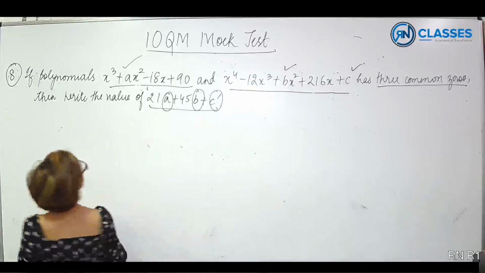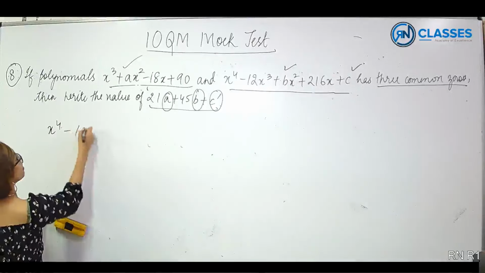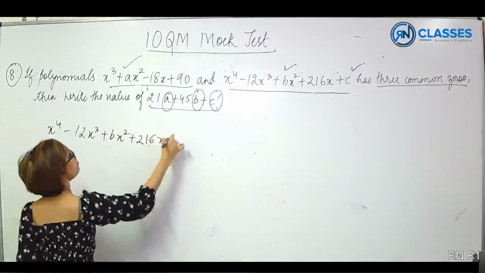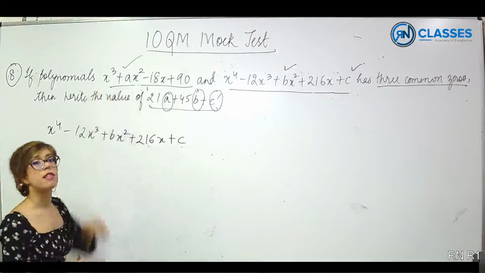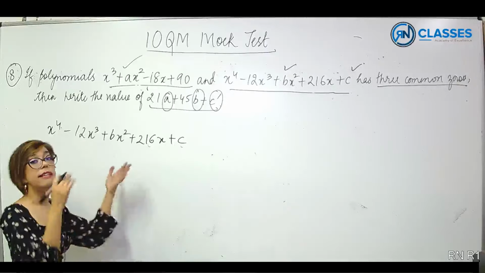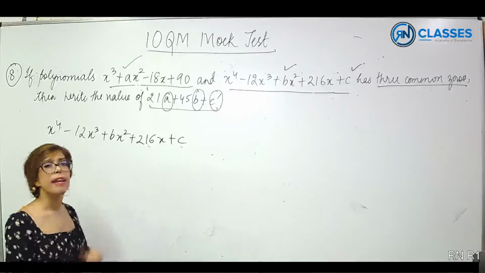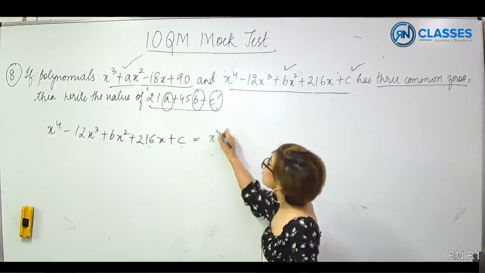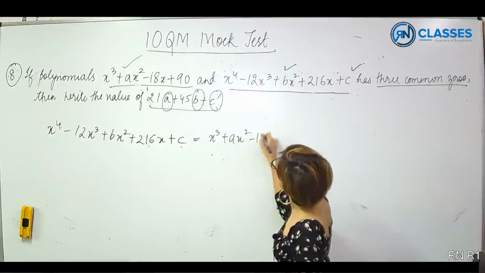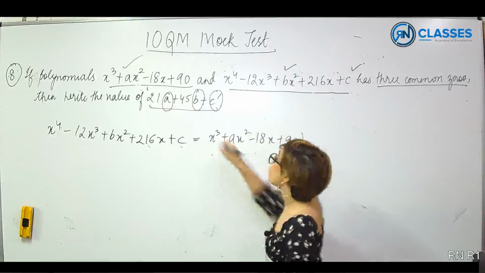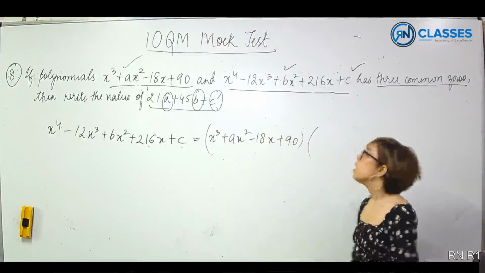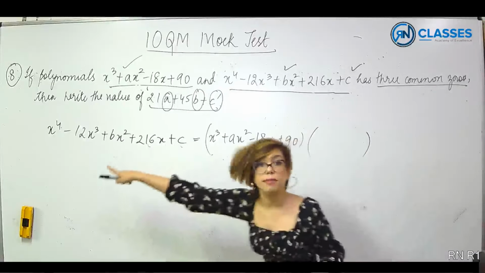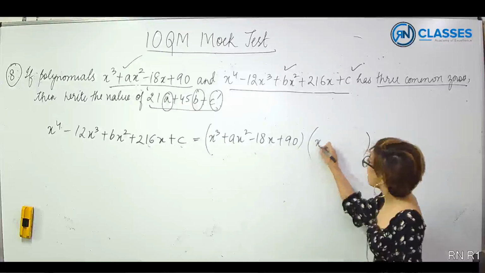So x raised to the 4 minus 12x cubed plus bx square plus 216x plus c is exactly divisible by this. One way is I can obviously divide it properly, or I can just write it like this. I know that this is the dividend, so my divisor is that x cubed plus ax square minus 18x plus 90. Now obviously this quotient has to be a linear factor, x raised to the 4 divided by x cubed, so that means this has to be x.